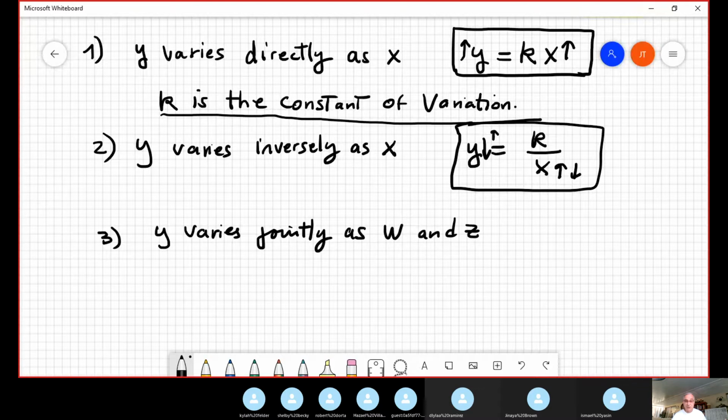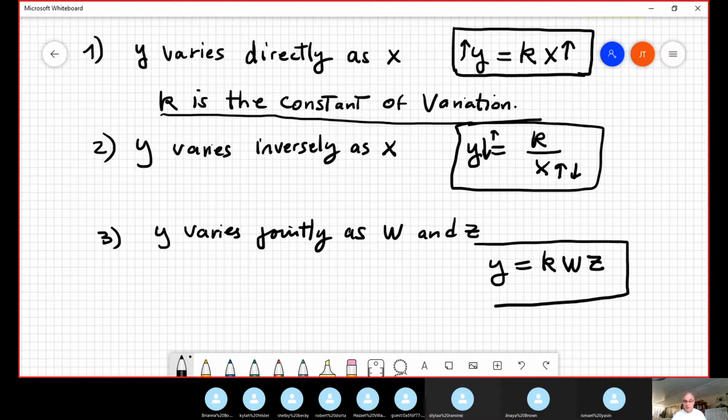That means the formula is y is equal to the constant of variation again, k, multiplication w and z. This is the formula for joint variation. So maybe you don't understand very well, but you can see now how we solve the problem, and you understand very well now.